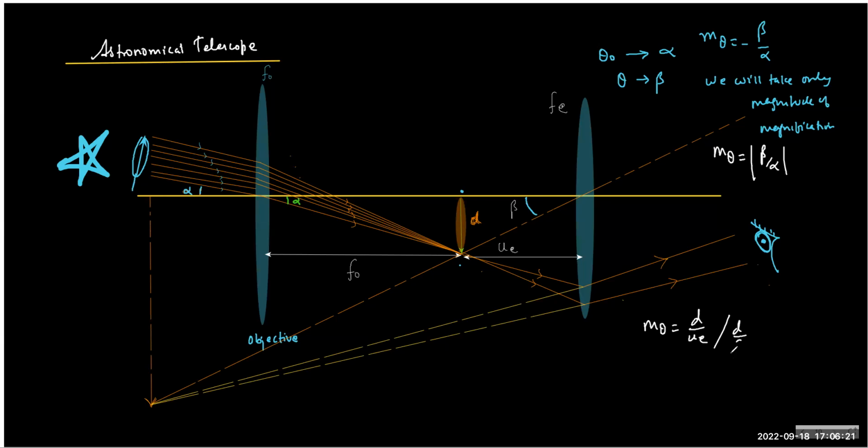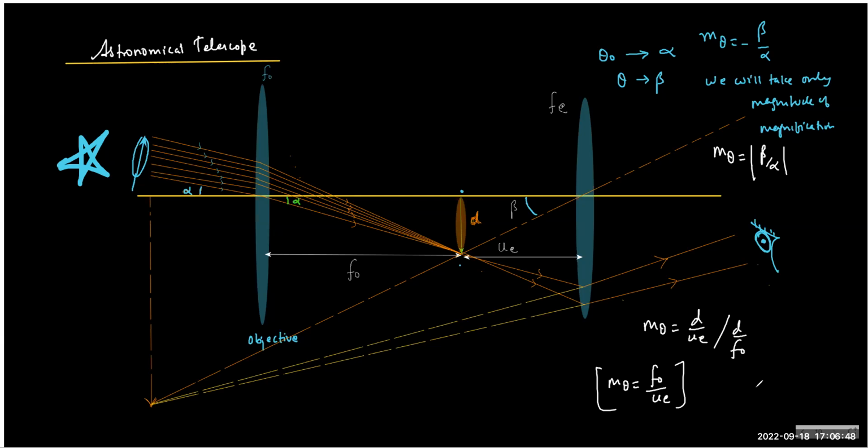It is d by fo. And we're done. After such a huge effort in putting this diagram, the formula is very simple: fo by ue. For the astronomical telescope, the answer is f naught by ue. Is it clear?